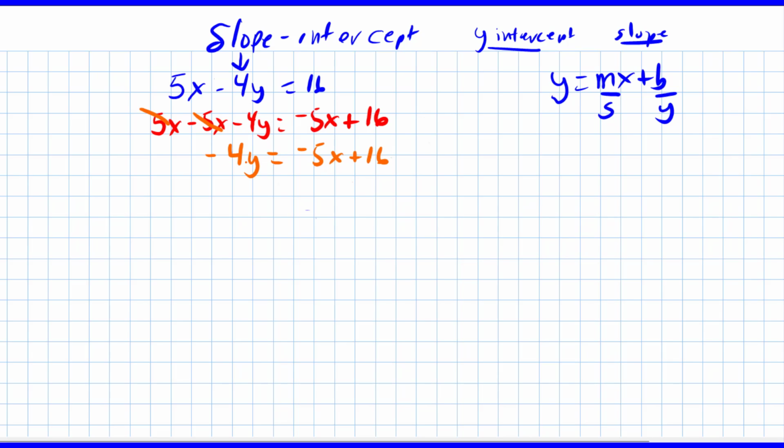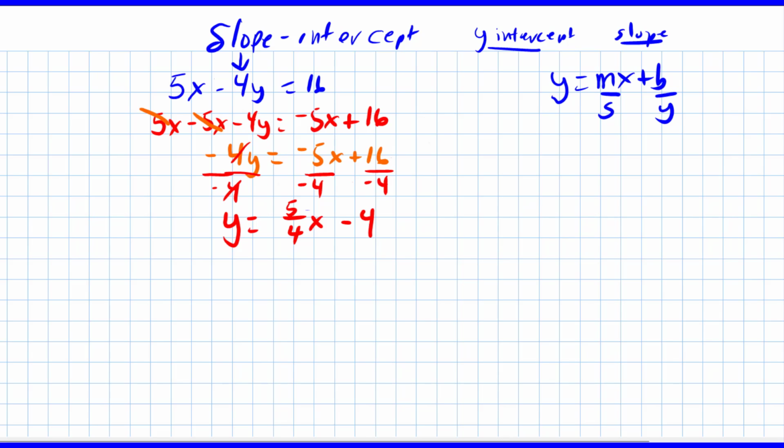All right, how can I get that y by itself? Well, I can divide both sides by negative 4. That leaves me, when these go away, y equals 5/4 x. And then 16 divided by negative 4 is negative 4. All right, I got it there.